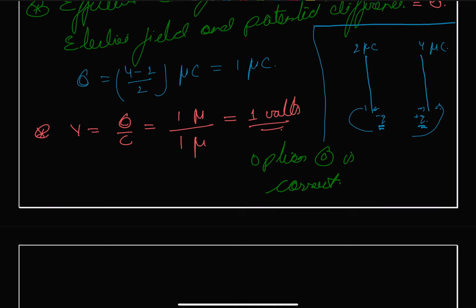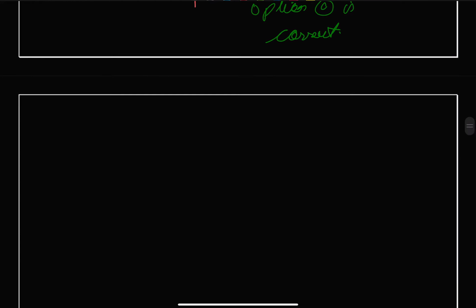Let me draw this here. This is plate 1 and this is plate 2, and on the inner side, let us suppose this is minus Q and here it will be plus Q, and the rest of the charge will be distributed on the outer side.